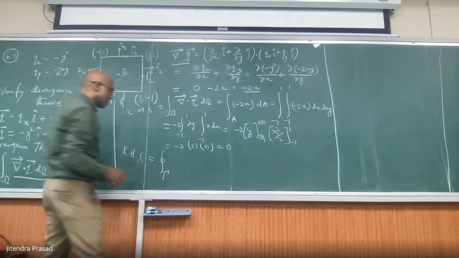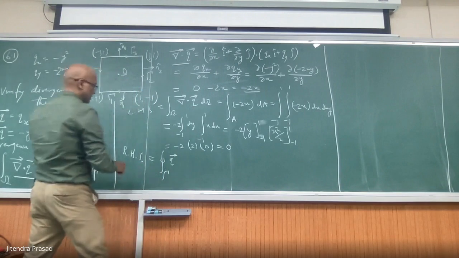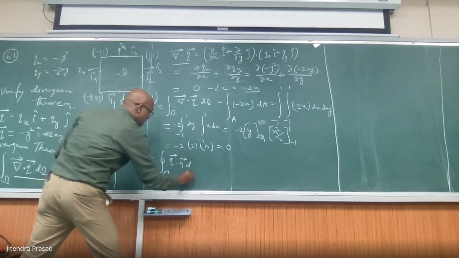So that means this is equal to, you will have to get Q dot N d gamma.